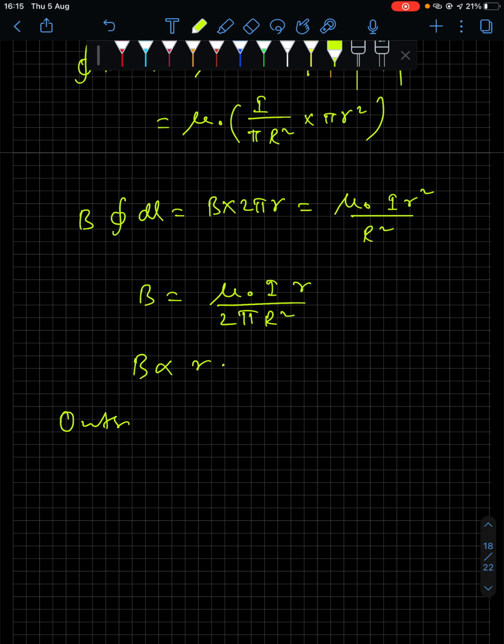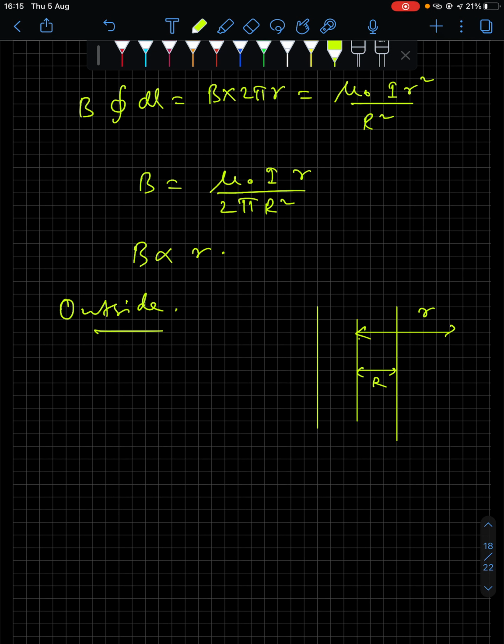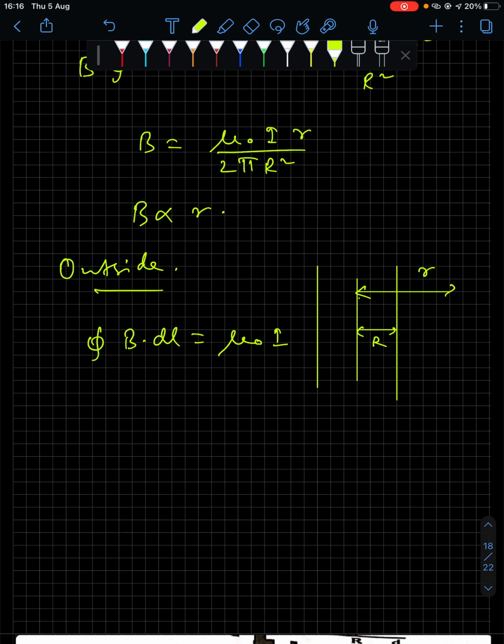The second one, for outside, what do you do? For outside, again say this is the wire that has radius capital R, and you are finding out the magnetic field outside. This distance is small r. So integral of B dot dl equal to mu naught I again.